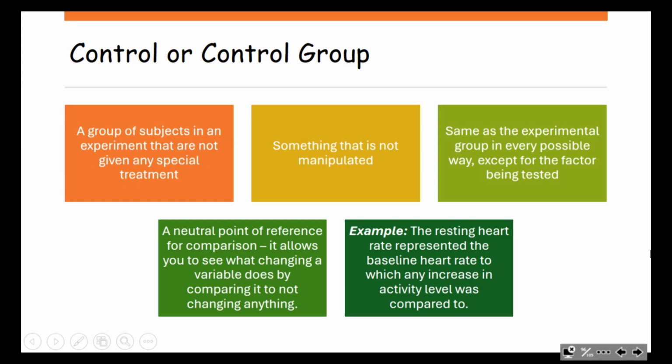Okay, and the control is the same as every experimental group in every possible way, except for the factor being treated. Okay, the control group is a neutral point of reference for comparison. It allows you to see what changing a variable does by comparing it to not changing anything.